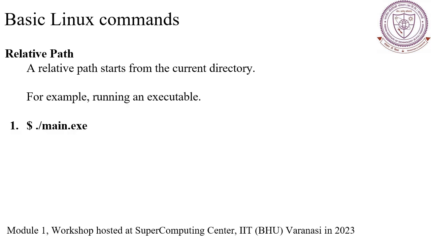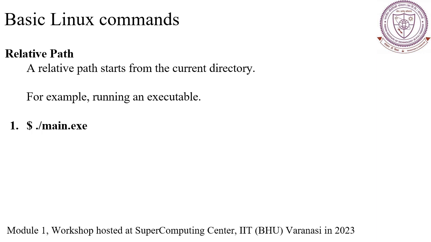Now, relative path. A relative path in Linux is a file path that starts from the current directory. The current directory is the directory that you are currently working in. You can view the current directory by the pwd command. A relative path can be useful when you want to access files and directories that are in the same directory, like the current directory or subdirectories of the current directory.